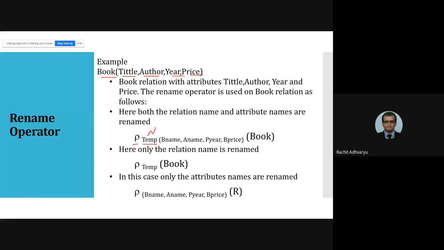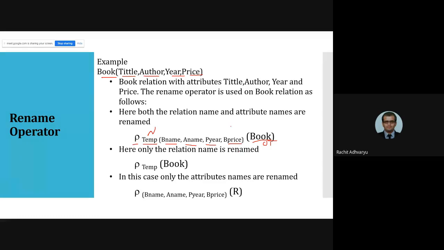I have changed the column names from title to B name, from author to A name, from year to P year, and from price to B price, for this old table, book. So I have changed the table name as well as the column names for that particular table.